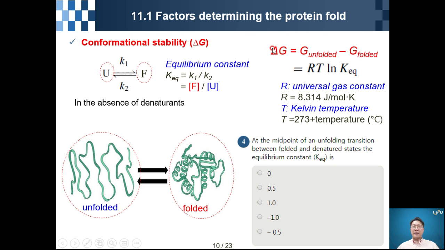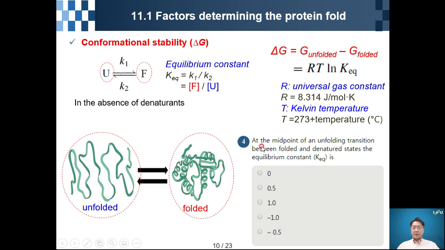So delta G equals minus RT ln KEQ. R is the universal gas constant, with a value of 8.314, and T is the Kelvin temperature, which is 273 plus the Celsius temperature. Ln means natural log, and KEQ comes from the equilibrium constant.